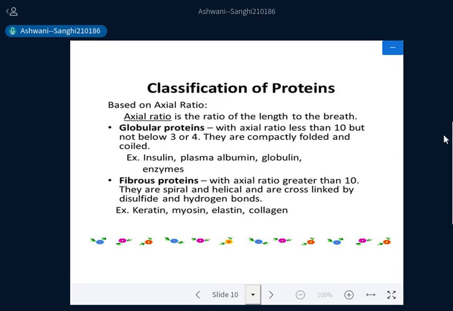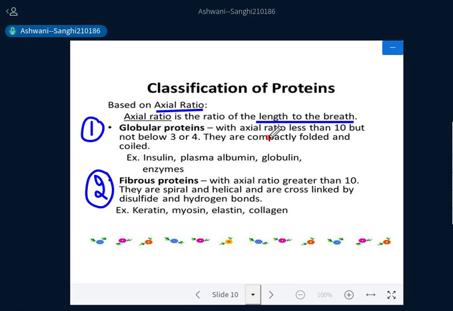Then, classification of protein on the basis of axial ratio, which means the ratio of length to width. On this basis they are of 2 types. First, globular protein. Second, fibrous protein.